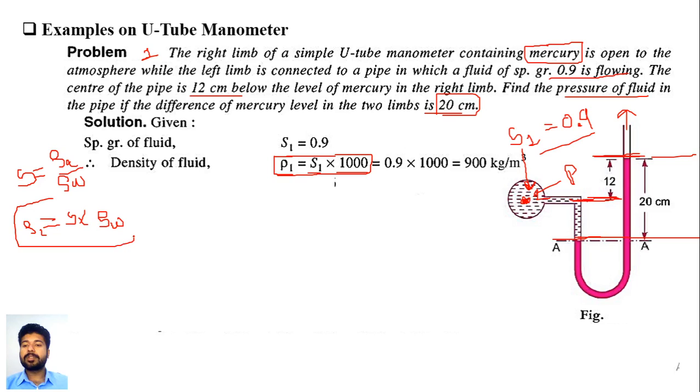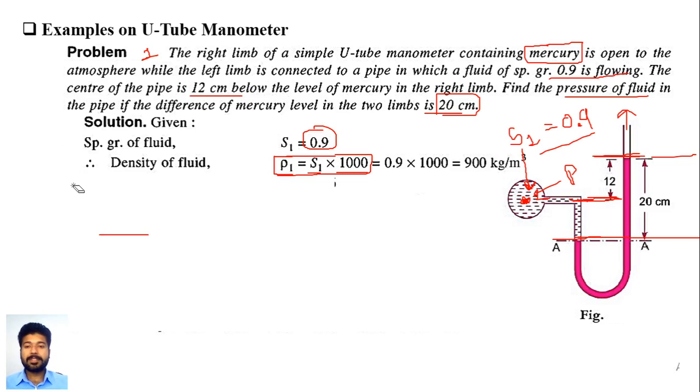The same equation is applied here. So S1 into 1000 will be 900 kg per meter cube, which is the density of this flowing fluid.